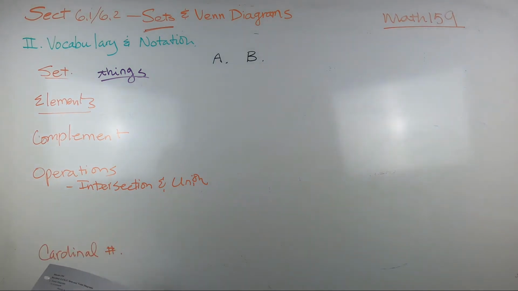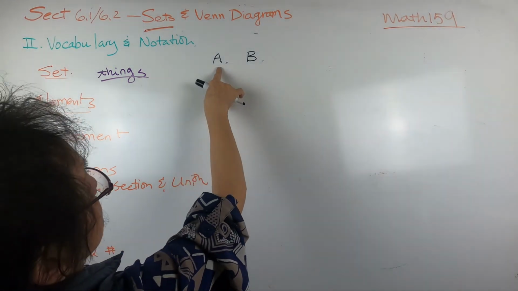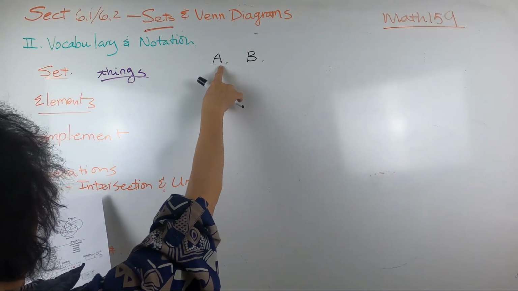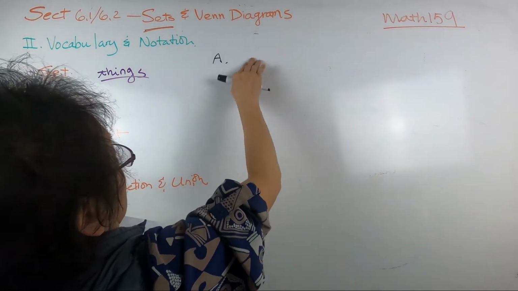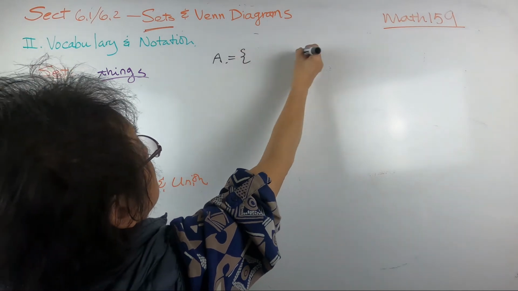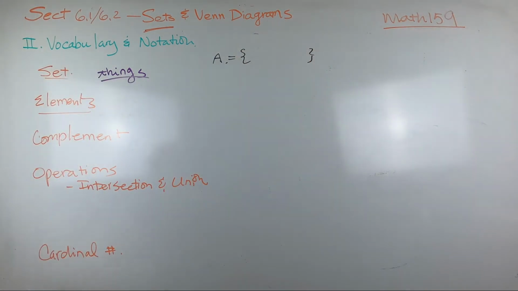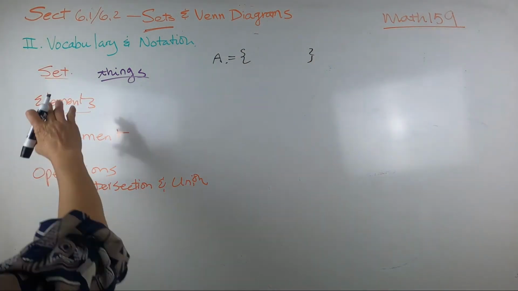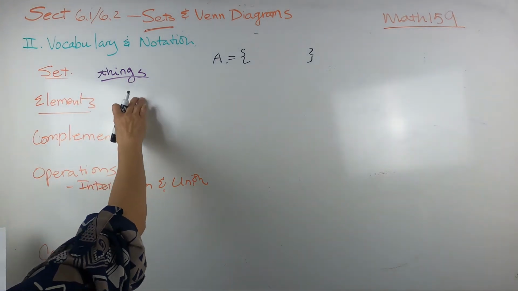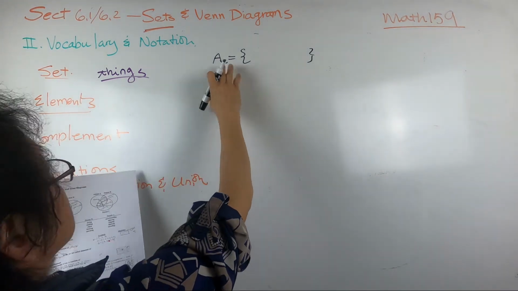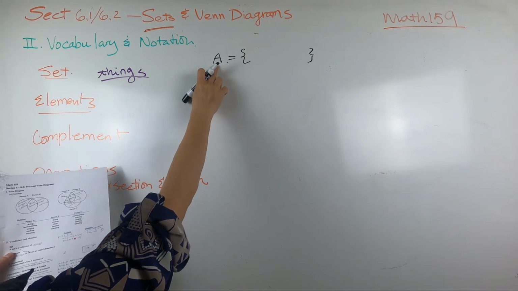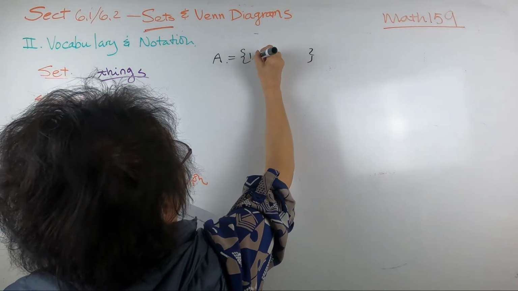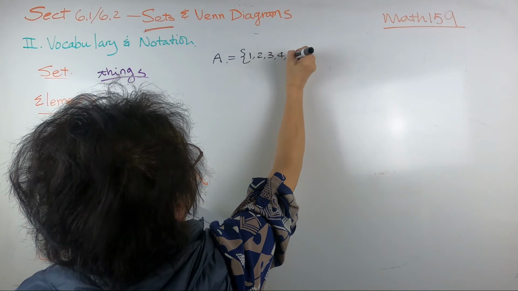So for the set A, what will I do? I use the curly bracket, the basket, and put the things in there. A set is a collection of things. The things in the set A, I have 1, 2, 3, 4, 5, 6.